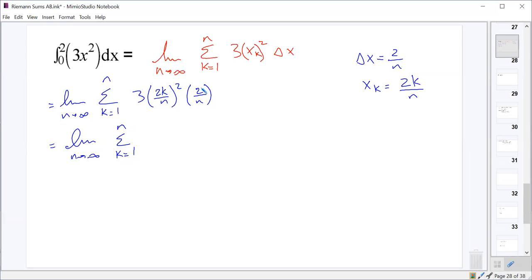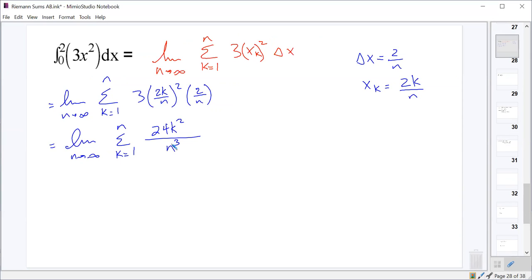And 4k squared times 2 is 8k squared, times 3 is 24k squared. And then in the denominator, it should be n cubed. Good or no?